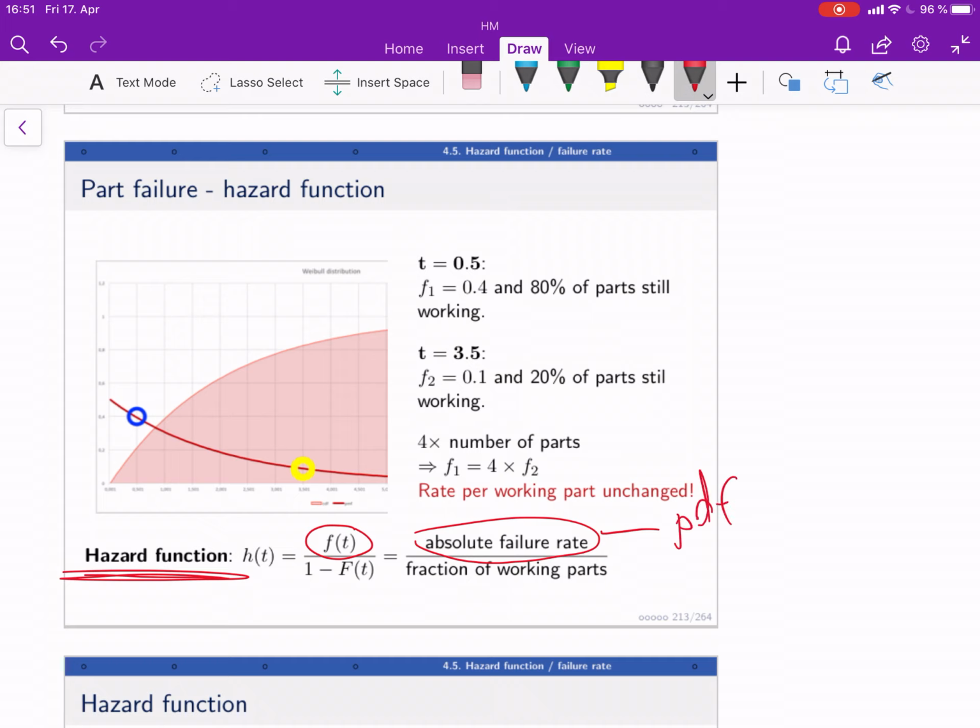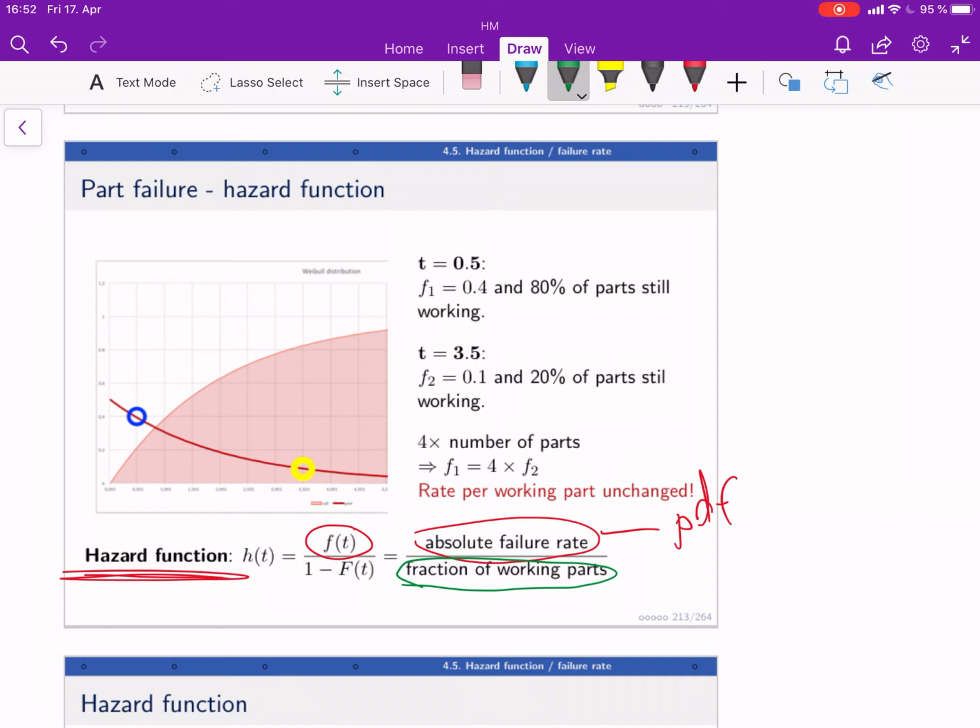So how many fails do I see every second, sort of? Obviously it goes down because if there are very few parts left that are working, I won't see a big absolute failure rate. But I want to normalize that with a fraction of working parts.